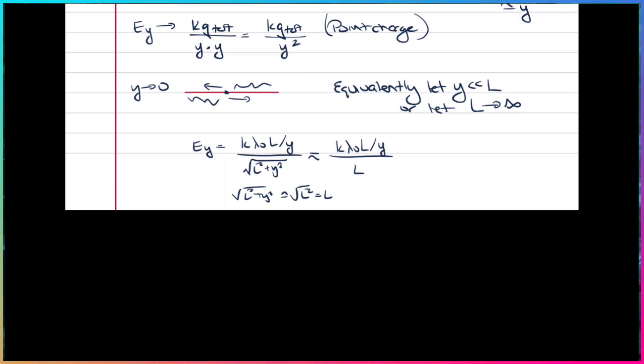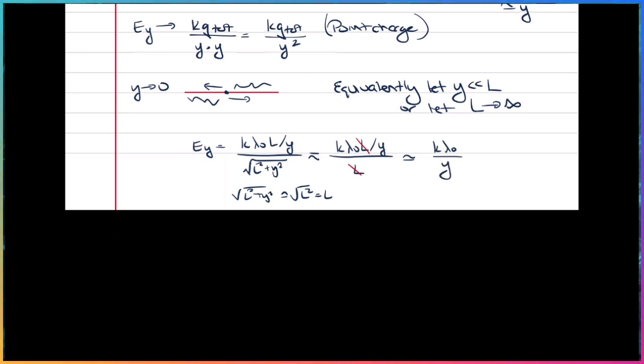So in this case, it looks like it's k lambda naught, and the L's cancel. Interesting. Which also kind of makes sense. If L is going to infinity, then the value of L should disappear, right? Because we're essentially letting it be as arbitrarily big as we want. So it looks like then this is k lambda naught over y.